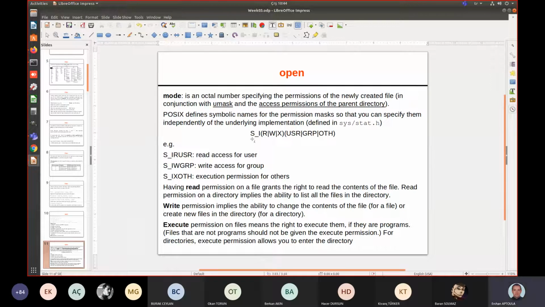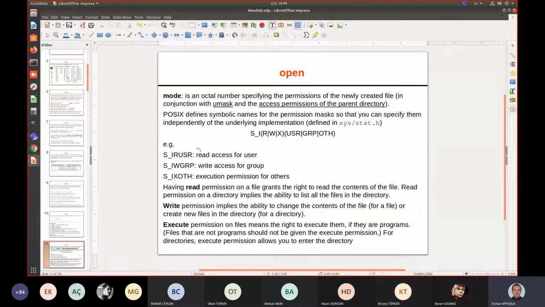We have the entire range available to us: 9 different constants, each 3 of them available respectively for the user, the group, and the others. And those 3 represent the read permission, the write permission, and the execution permission.